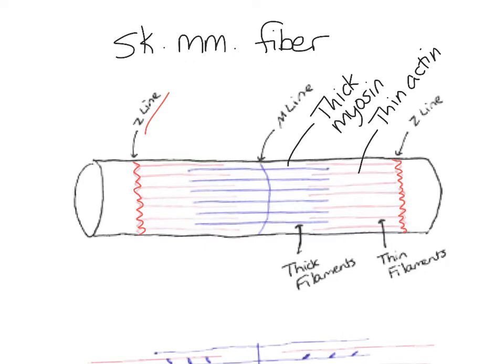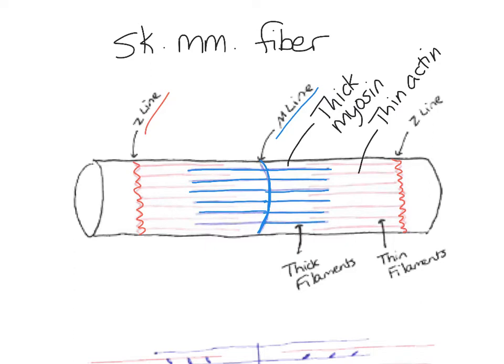And the thick filaments, they're going to start in the middle here at a stationary blue protein that we call the M line, right? So some of the thick filaments are going to extend this way, and some of them are going to extend this way off of that M line. So they're extending off both sides of that M line. Those are the myosin or the thick filaments.